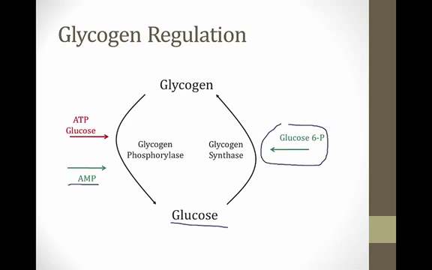Glucose 6-phosphate is an intermediate of glycolysis, and this will favor the conversion of glucose into glycogen so that the cell begins to store some of those carbon molecules as glycogen. When levels of ATP and glucose are high, it means that the cell has lots of energy around, and this will inhibit glycogen phosphorylase so that glycogen stops getting broken down into glucose and ATP.